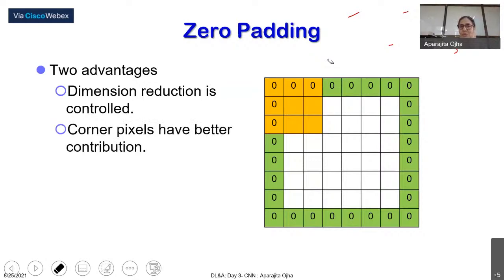This zero padding has two advantages. One is that dimension reduction is controlled, and the other is that corner pixels have better contribution.